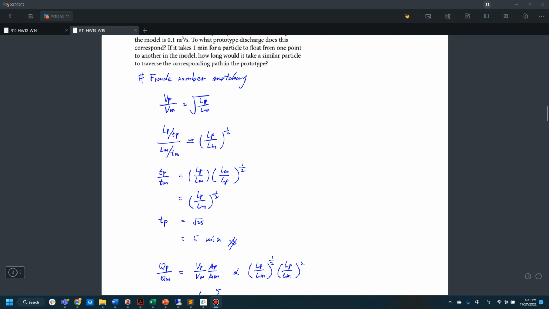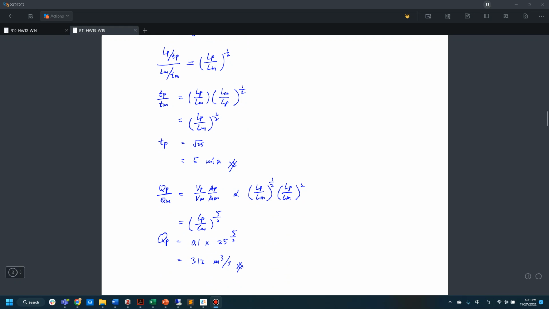And the area is proportional to the square of the length. That's why we have this second term here, right? So we can just use this proportional term to represent the ratio of QP divided by QM, and in this case it is equal to LP divided by LM to the power of 5/2.